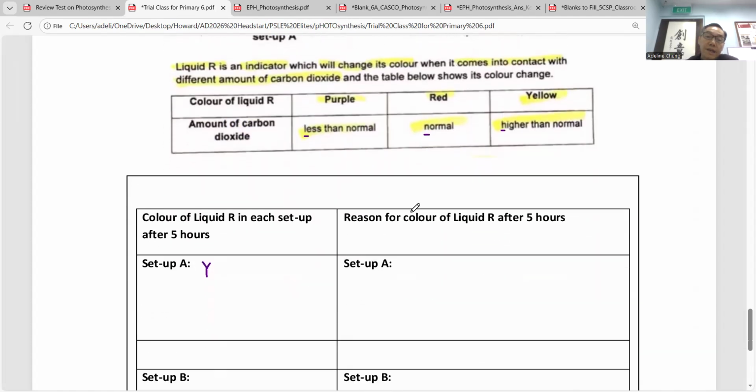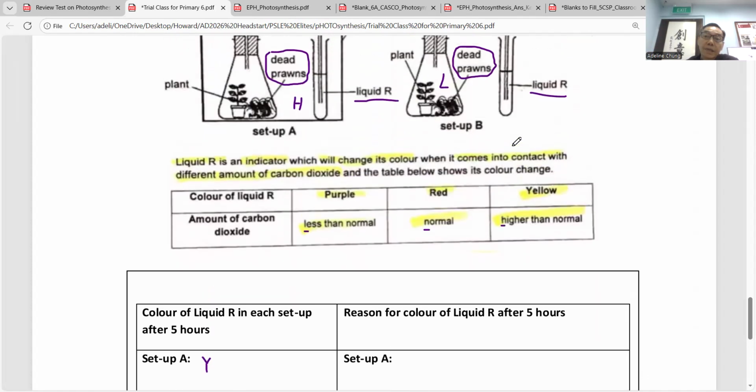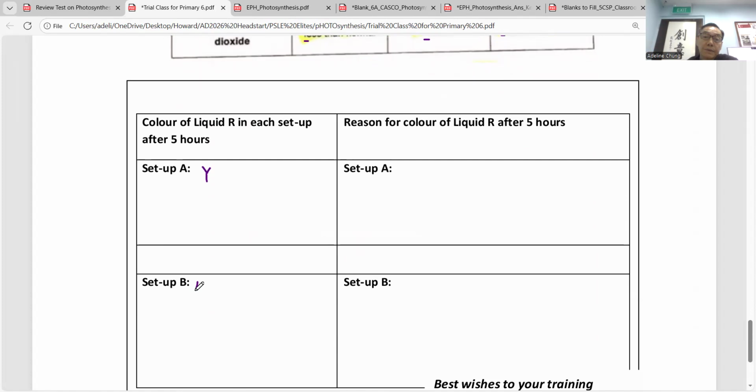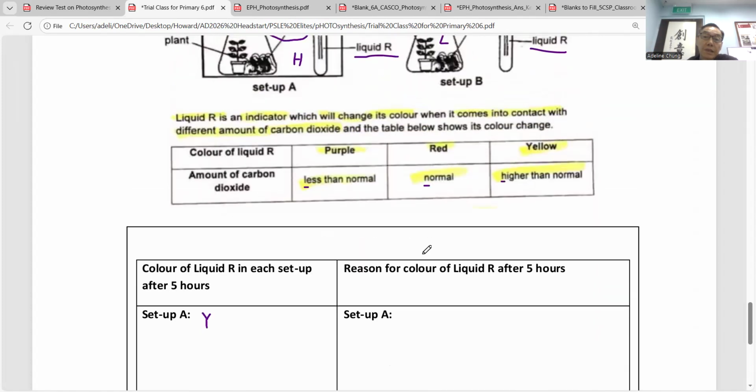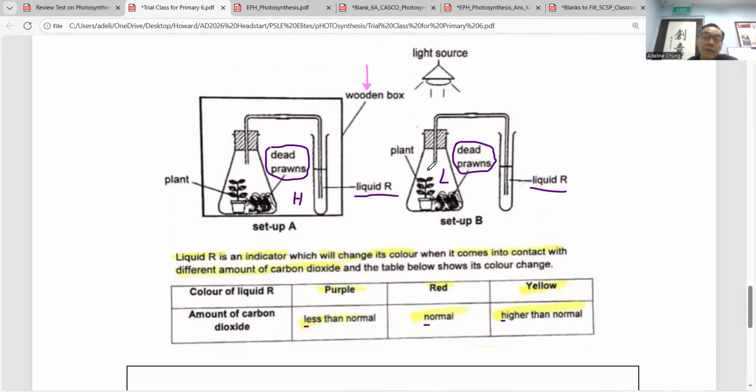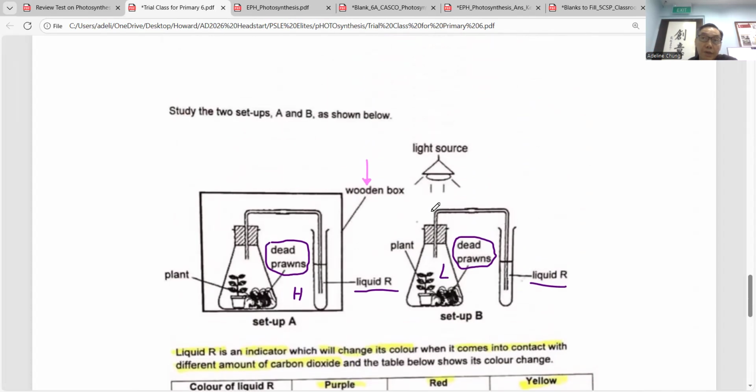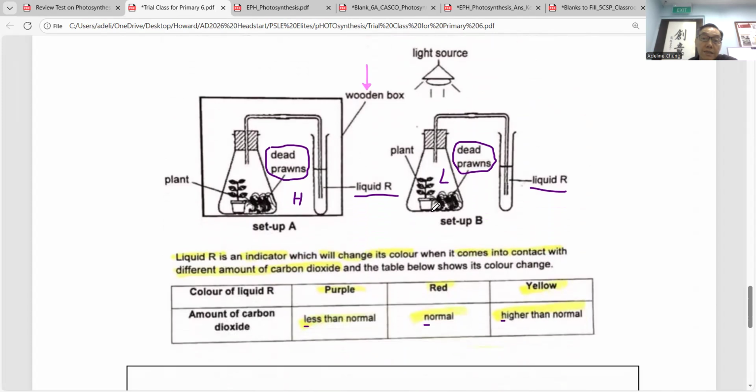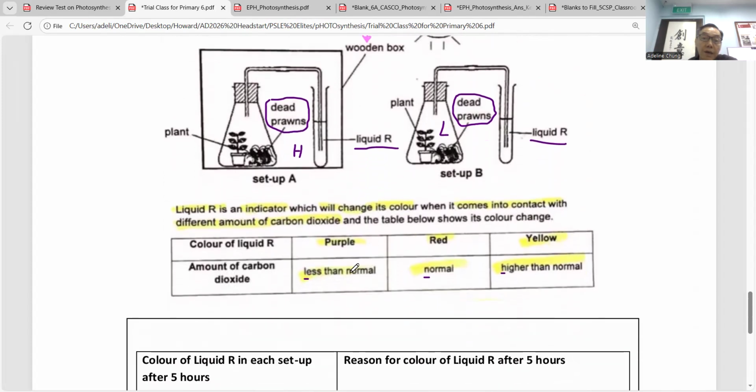And then for B, B is L. L is low, less than normal, is purple. So the reason is the plant can absorb the light to carry out photosynthesis, absorbing carbon dioxide in the container. Therefore, there's a lesser amount of carbon dioxide than normal.